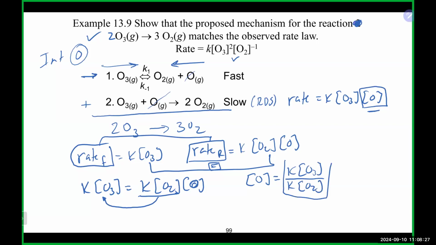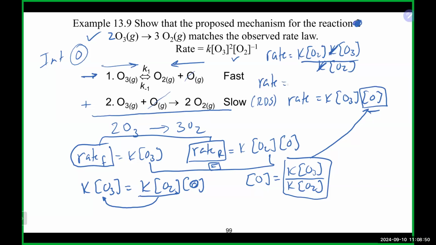That right there is what we're going to substitute in for the O. That will give us the rate is equal to k[O2]. And now substituting in what we got there on the bottom. Once again, two of these rate constants will cancel out. That will give us the rate is equal to k[O3]² divided by [O2].